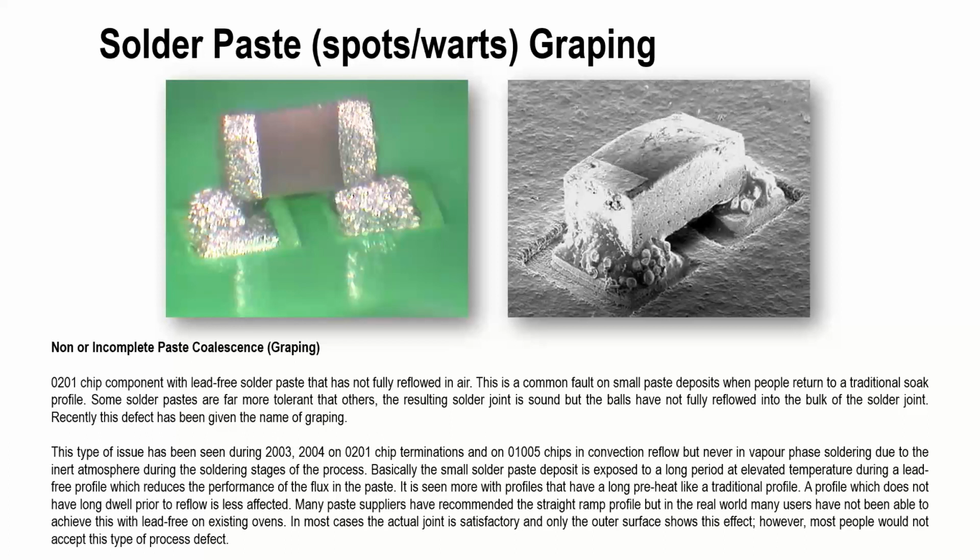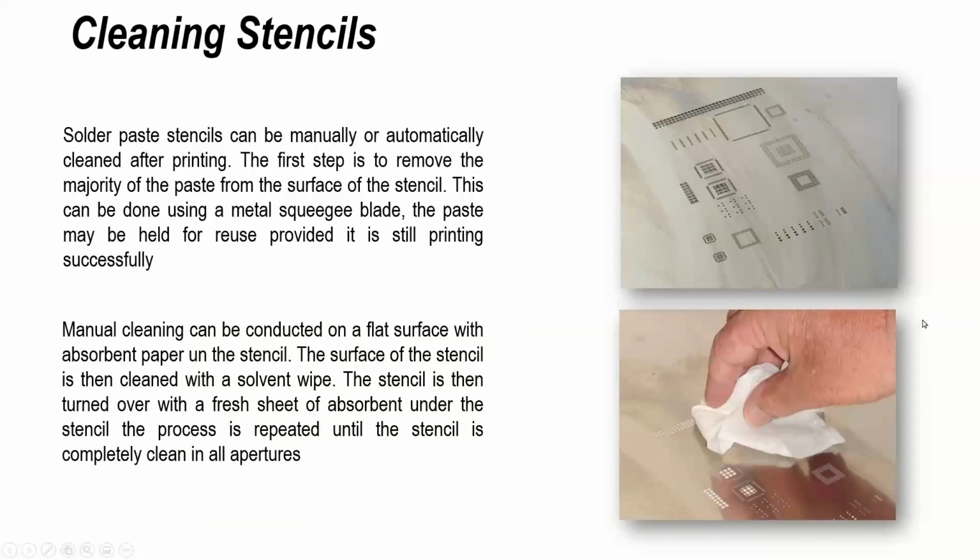But it's again related to the paste material and its compatibility with the profile you're using, particularly in air. These two examples are very small parts that I was processing very early on in lead-free technology days, but I just thought I'd include it. And again, there's a little bit of a story behind that particular defect.